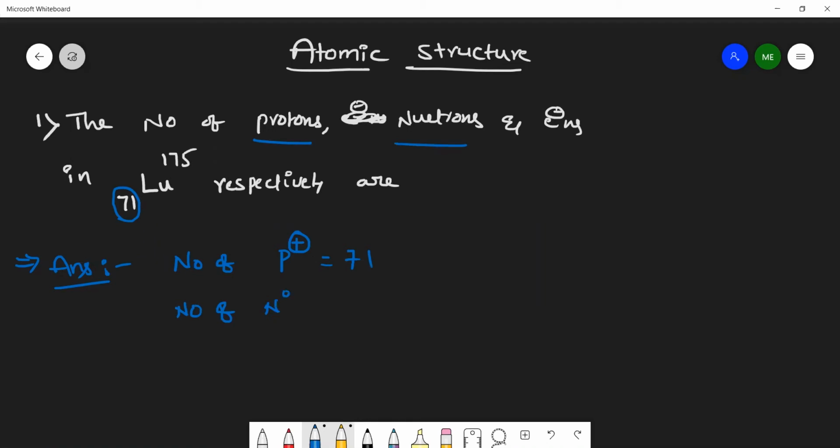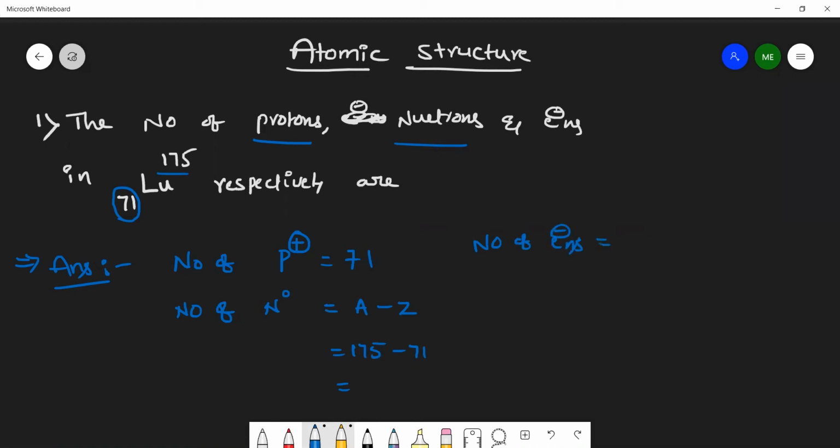The charge is 0. Neutrons, how to identify? Mass minus atomic number. The mass, the symbol is A, minus atomic number Z. How much is A here? 175 minus Z, which is 71. And calculate.